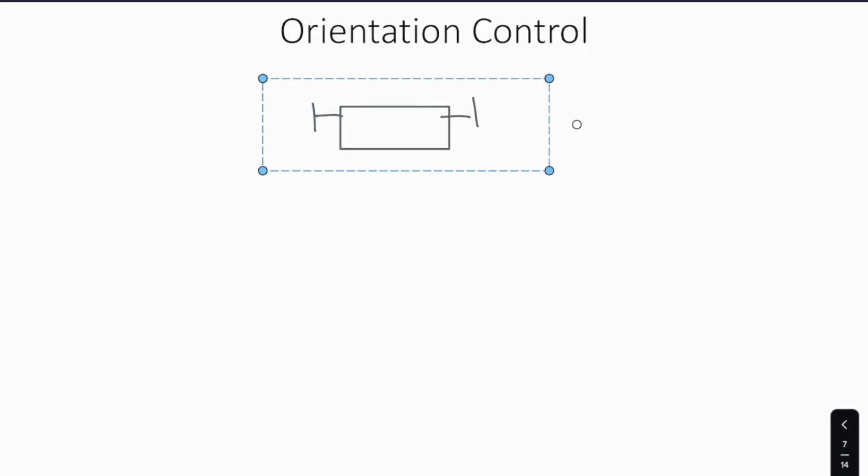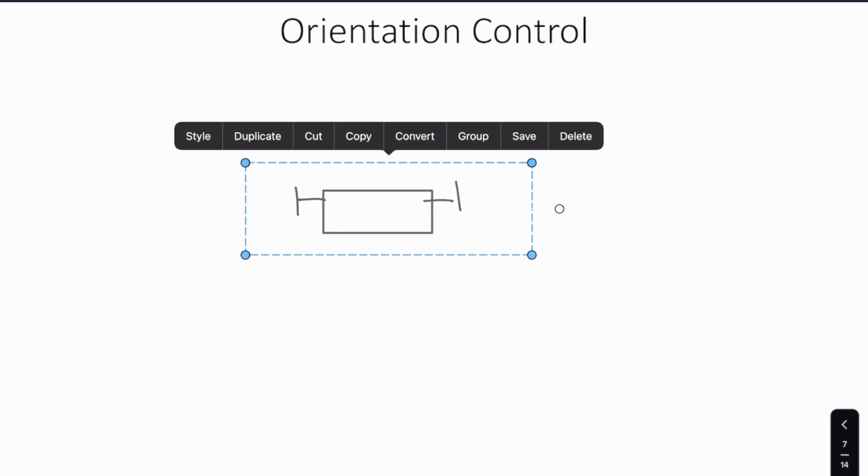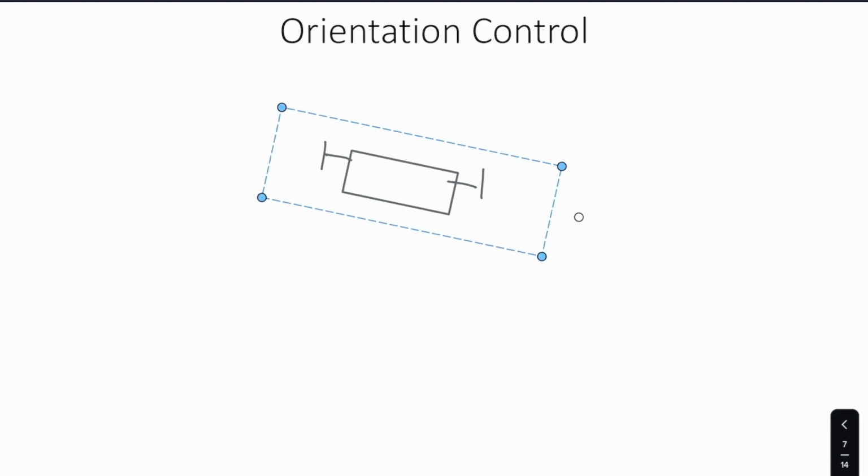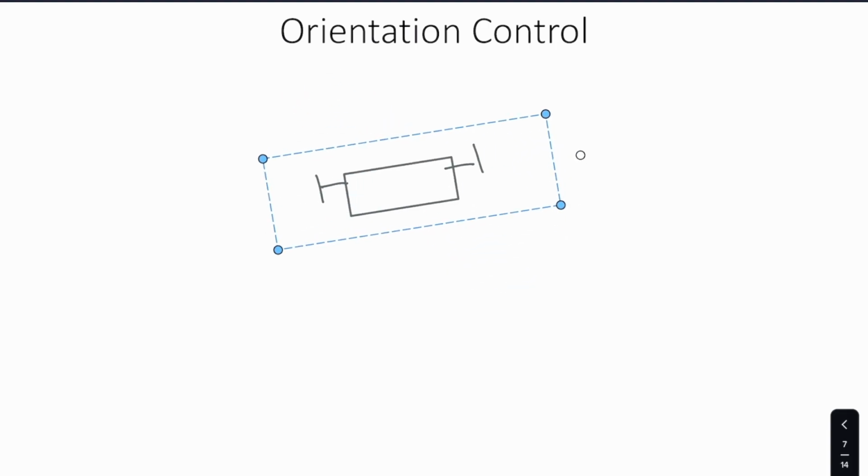So what do I mean by orientation control? Simply what I mean is that we're not going to care at all about the position. That's going to be entirely unimportant. And instead we will only care about the orientation.